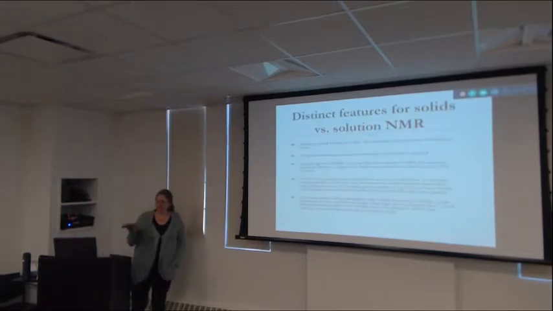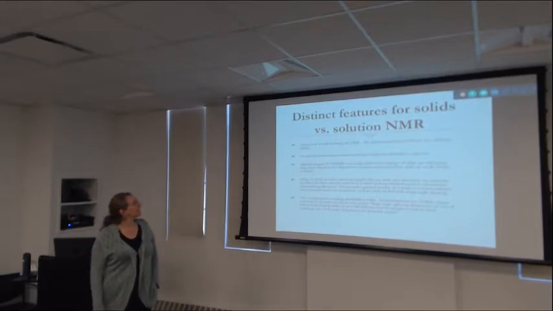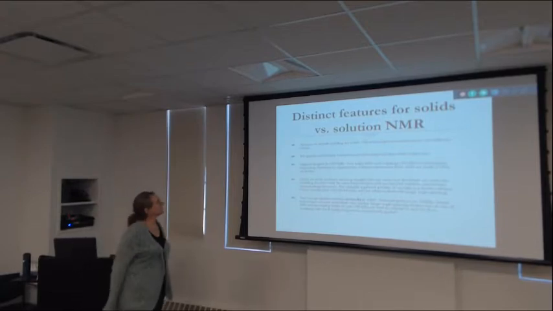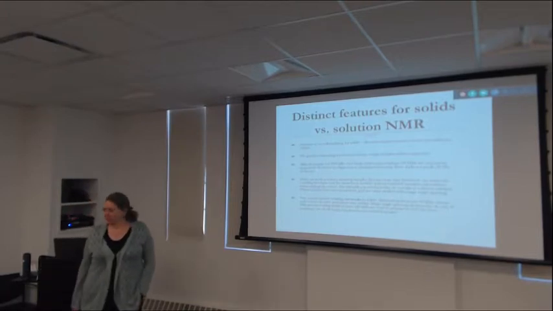Now, a little bit of this I already said while we were trying to set up the projector, but let's go through it because I think it's a little more structured in the way I thought ahead to type it up. The main thing about solids versus solution, the way we define it as NMR spectroscopists, is whether or not there's overall tumbling, fast overall tumbling.